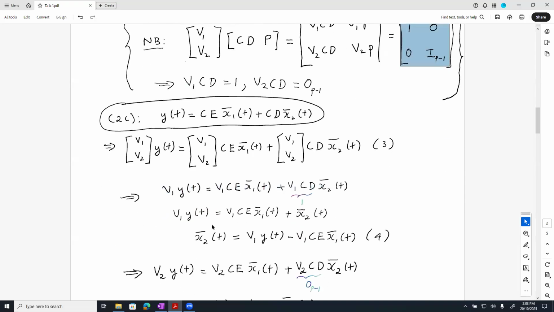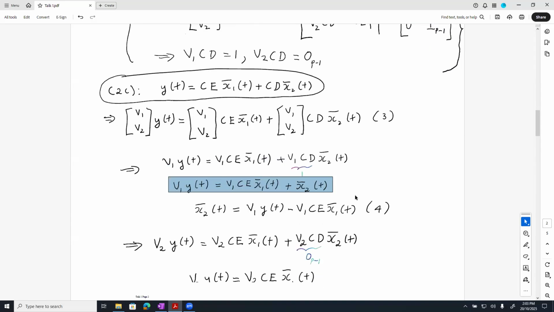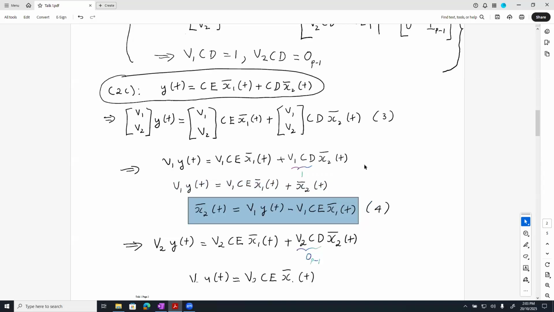So we can arrange this equation, and it's clear that from this equation we are able to express x2 bar in terms of the output measurement and the vector x1 bar. Okay, so this is useful.